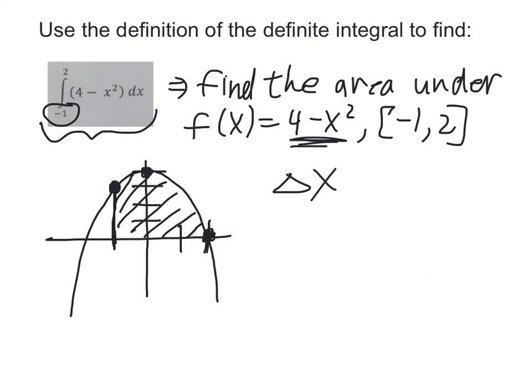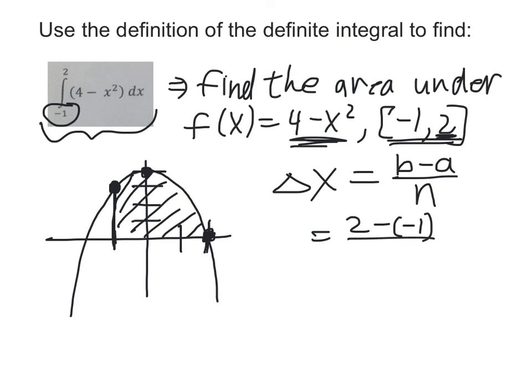So delta x, well, in this case, delta x is going to be what? Well, the general formula for finding delta x is b minus a, where b is your right endpoint and a is your left endpoint. So basically the length of your x interval over n, which represents the number of rectangles we're using.